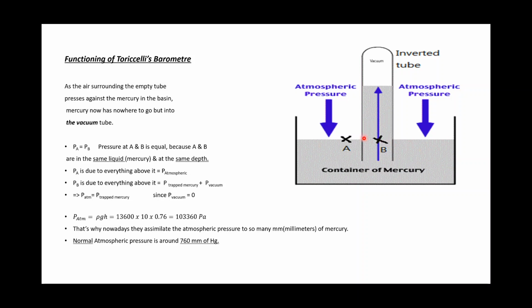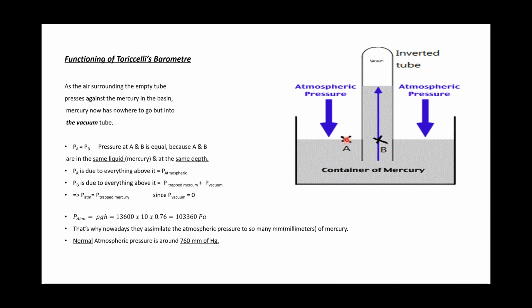If we consider that to be the basin, the container that has mercury, and mercury has risen to this height, let's label those two points A and B. The pressure at point A is due to everything above it, which is the atmospheric pressure. The pressure at point B is due to everything above it, which is this bit of mercury and vacuum.